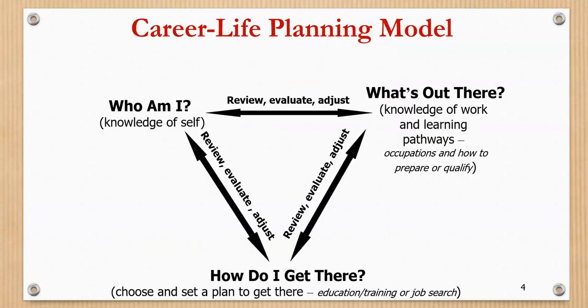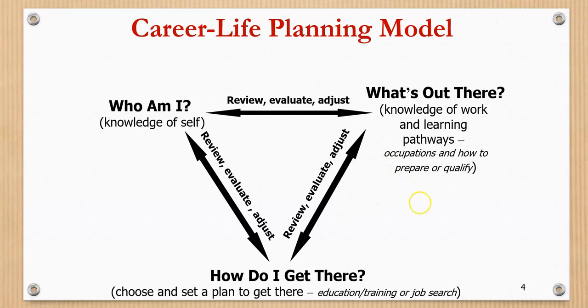So if I just go back for a moment to the career life planning model, in Frank Parsons' approach, that step of integrating the information from who am I and what's out there usually happens in this part of the model. So once we integrate this information, then it generates ideas for what types of occupations we might want to pursue and or what types of education we want to consider.